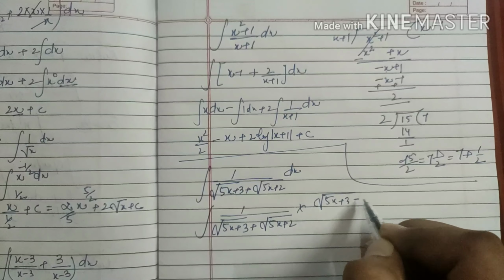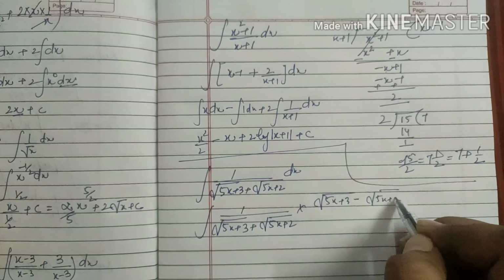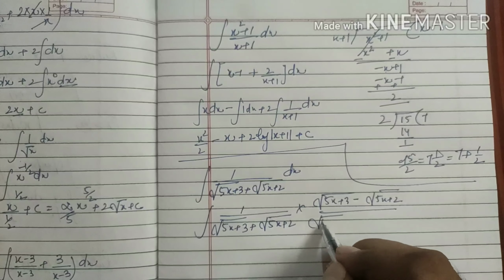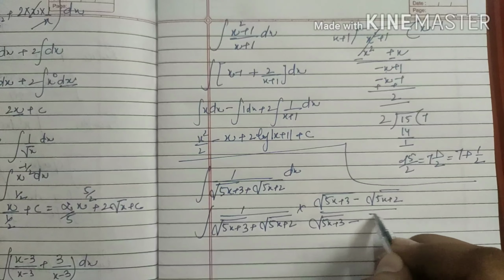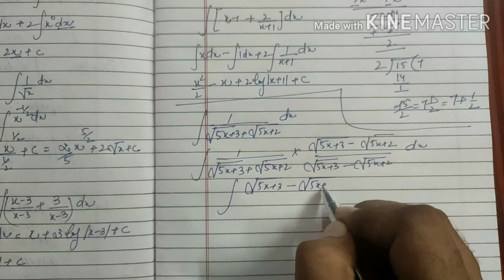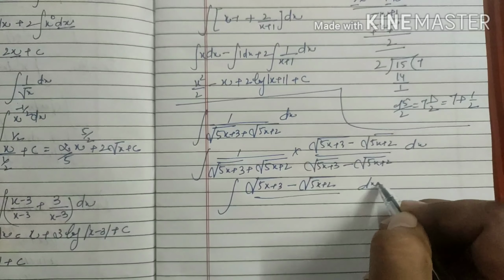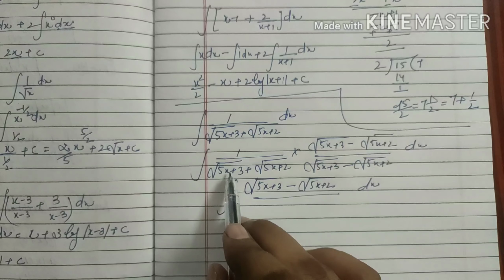This is our rationalizing factor, same in the denominator: square root of 5x plus 3 minus square root of 5x plus 2 with dx. 1 multiplied by this value, no change, numerator remains the same: square root of 5x plus 3 minus square root of 5x plus 2 with dx. In the denominator, if we see, it becomes the identity a plus b, a minus b, which is given by a square minus b square.